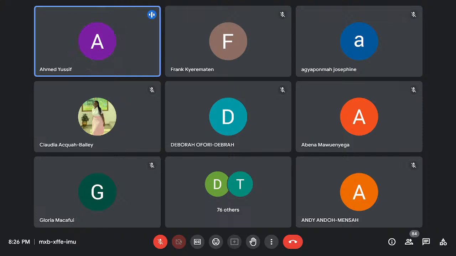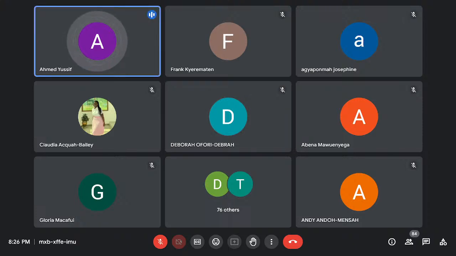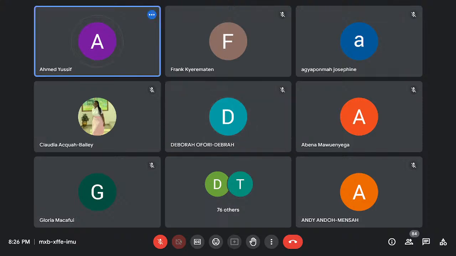In terms of treatment, what is the treatment dose for enoxaparin if you want to treat DVT? One milligram per kilogram BD, or 1.5 milligram per kilogram daily.